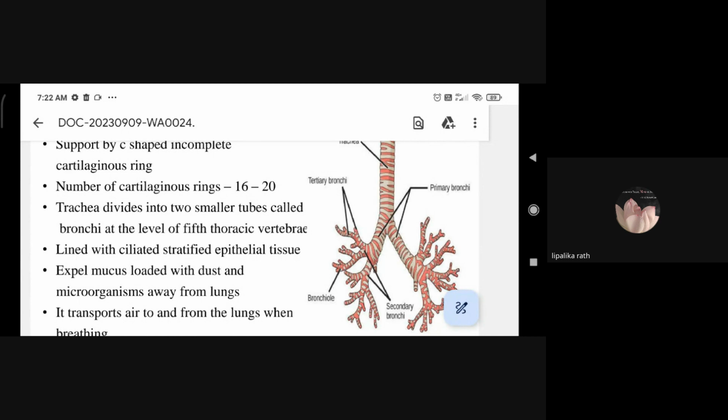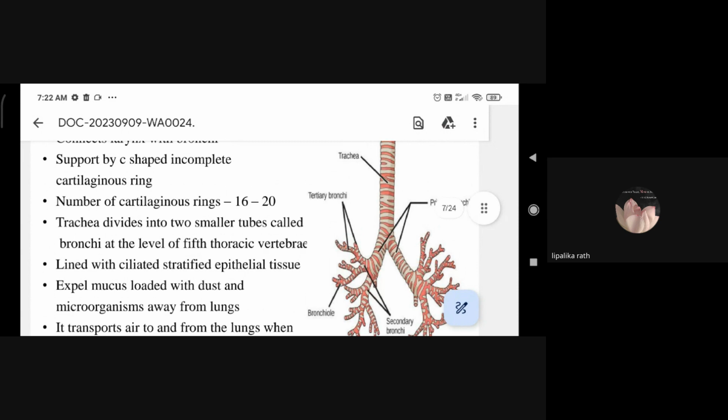So it will be difficult to breathe at that time. That is why the C-shaped cartilages are present in the trachea, so that we can breathe properly with a proper pathway. Otherwise, the esophagus may collapse the trachea, and the trachea will not have space for breathing.